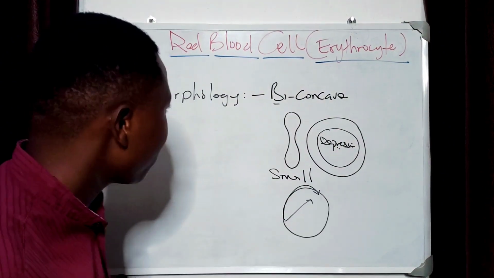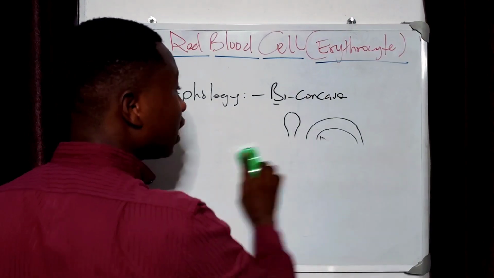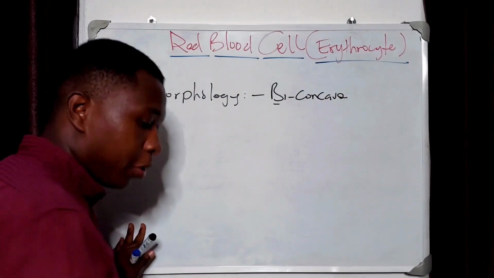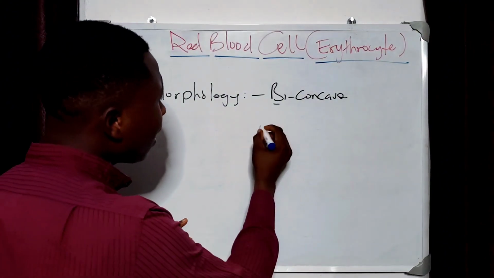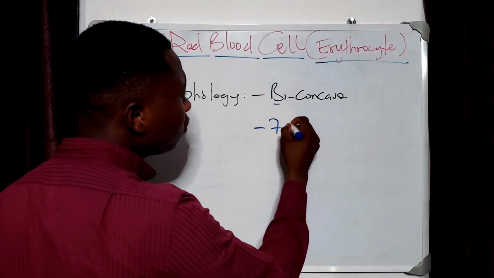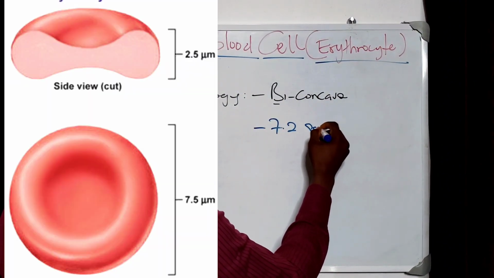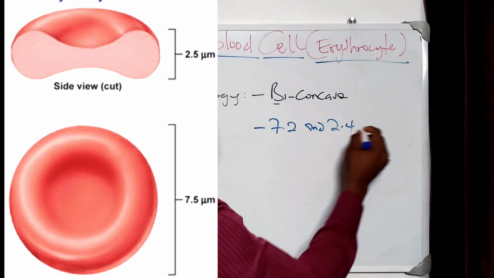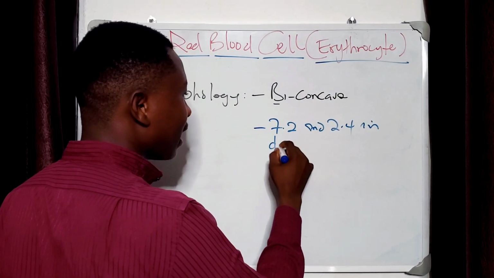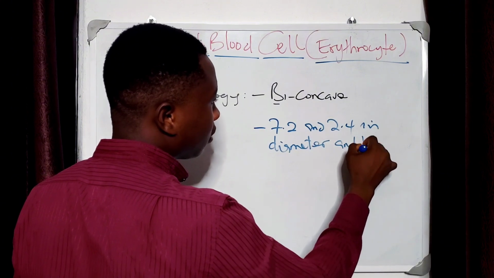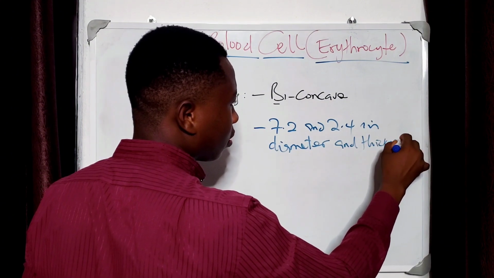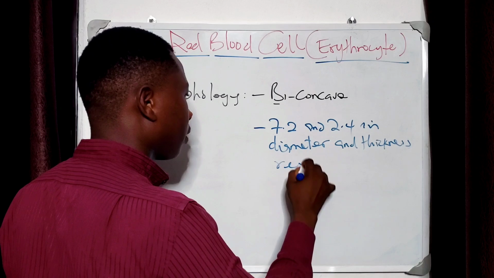Okay, now another feature of the red blood cell is that it is about 7.2 and 2.4 in diameter and thickness, respectively.